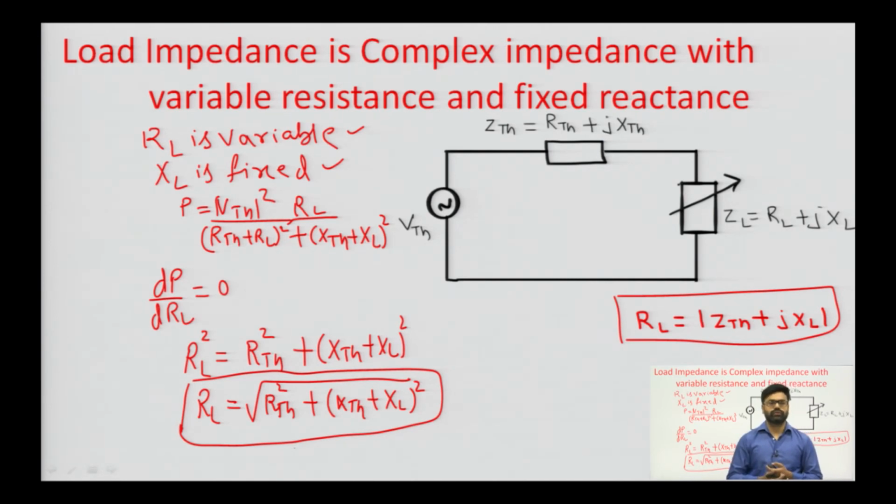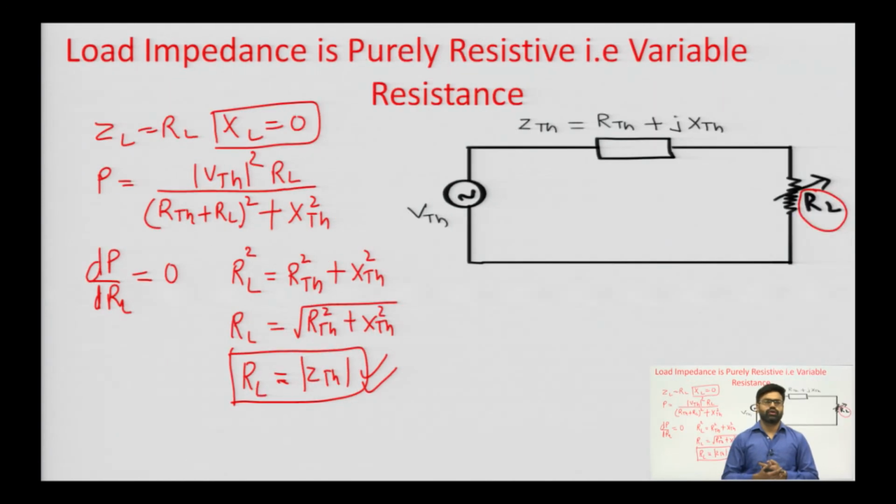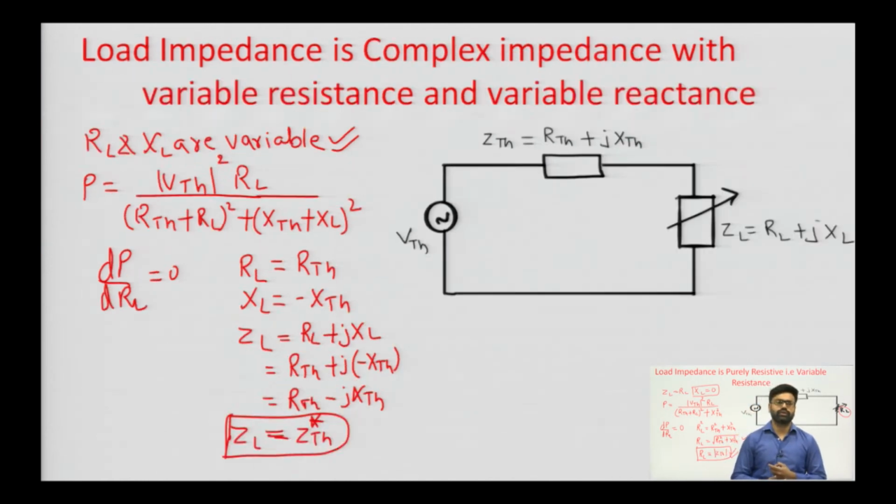Now, we have studied all three cases. First one is when the load is purely resistive; in that case R L must be equal to the magnitude of Z T H, or the square root of R T H square plus X T H square.